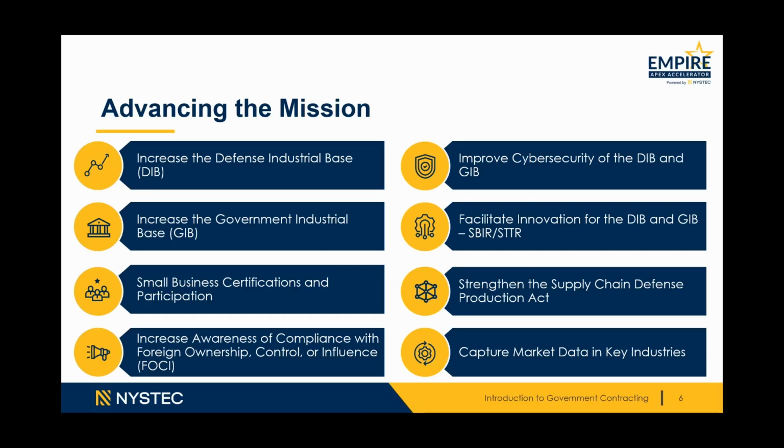Since they fund us, their first and foremost view is supporting the warfighters. So how can we do that? You'll see anything from providing those goods and services, to keeping the supply chain strong and intact. You saw a lot of that during COVID times, when we didn't know where to get some of the materials that were needed.